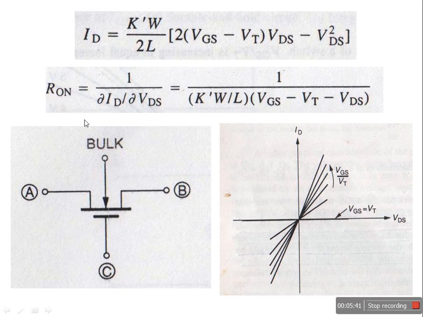So this is a MOSFET being used as a switch. 4 terminals are there. Bulk can be kept at lowest potential. Okay. These are the characteristics between VDS and ID at different values of VGS over VT. So earlier we have seen the characteristics between VDS and ID at different values of VGS. Again this is similar, but we have now introduced VT, effect of VT in these plots.